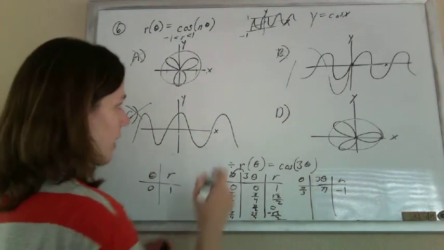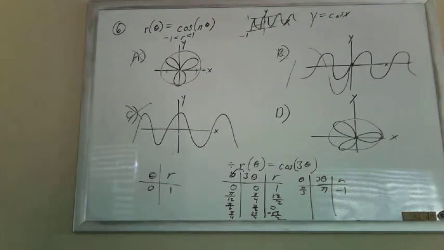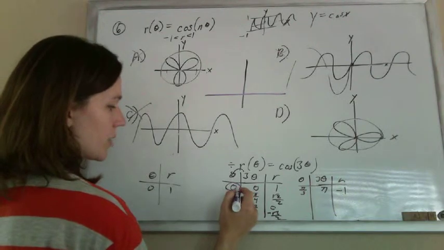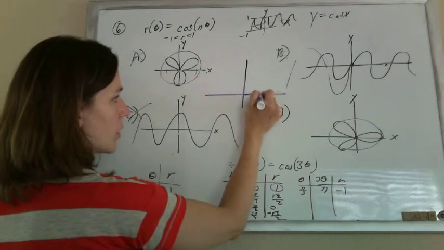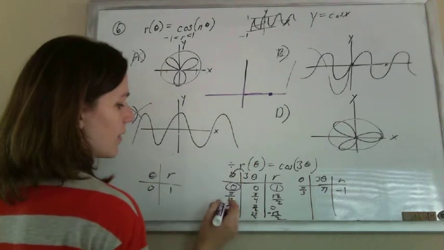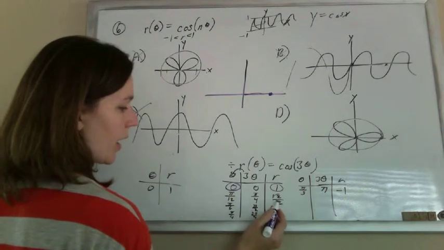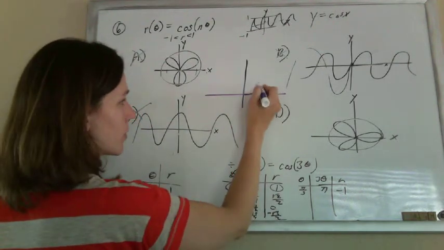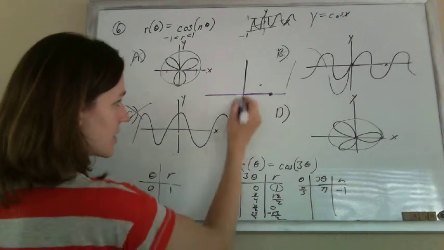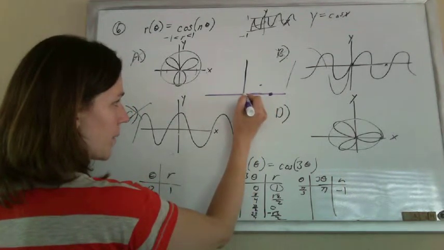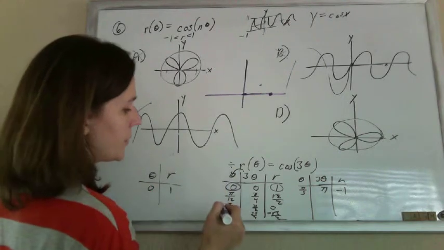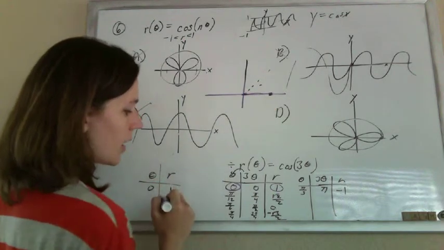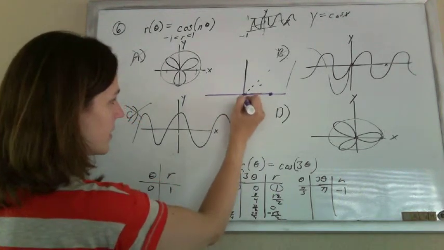And so if we were to graph that, let's graph that in the middle. This one's saying if I go out an angle of 0, I go out a radius of 1. So there. Then if I go out an angle of pi 12ths, I go out a radius of root 2 over 2. Pi 6, if I go out that angle, I'm back at 0. Pi fourths, if I go out this angle, I'm at negative root 2 over 2.